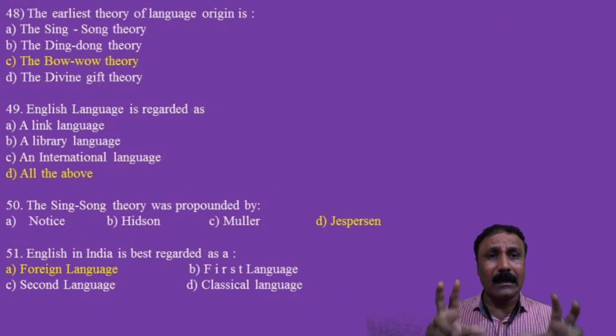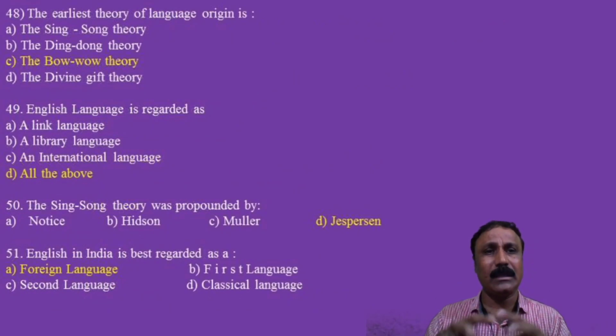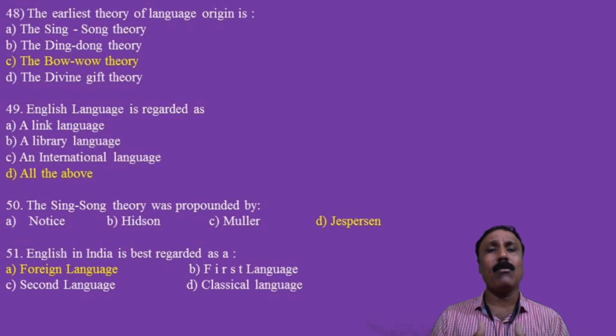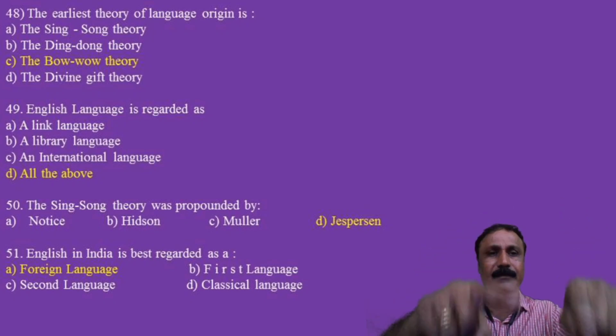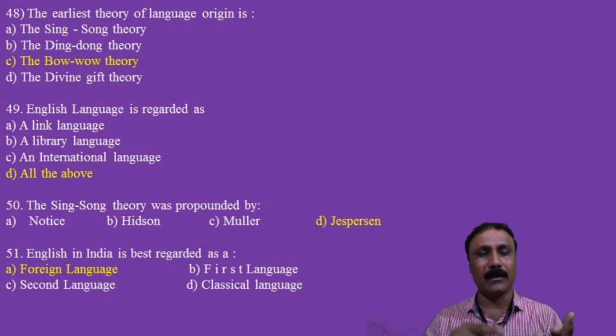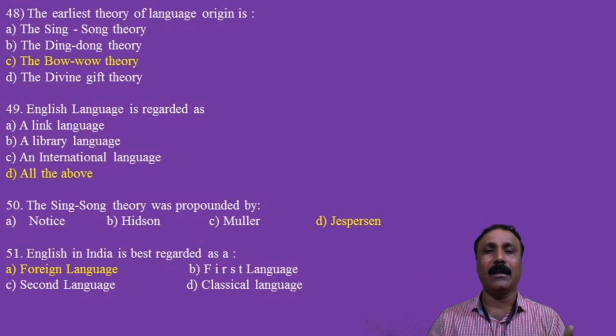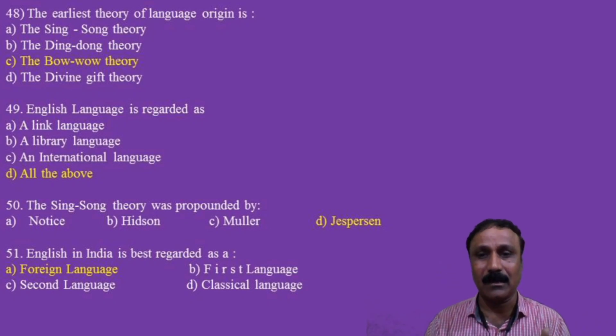And the earliest theory of language origin is the Bow-wow theory. Then English language is regarded as a link language, a library language, an international language. Of course, all of the above. It works as a link language, it acts as a library language, and it acts as an international language.